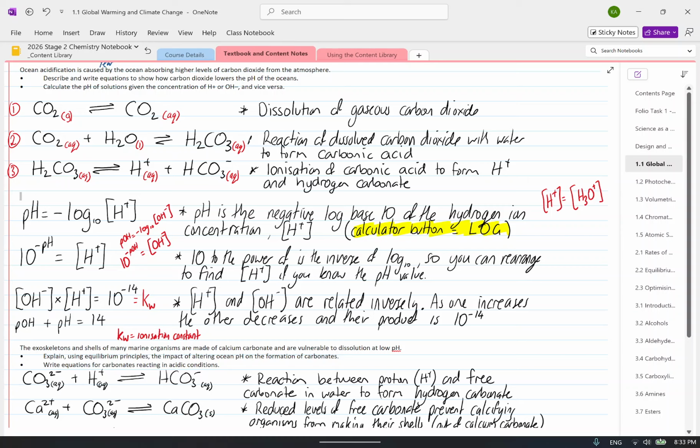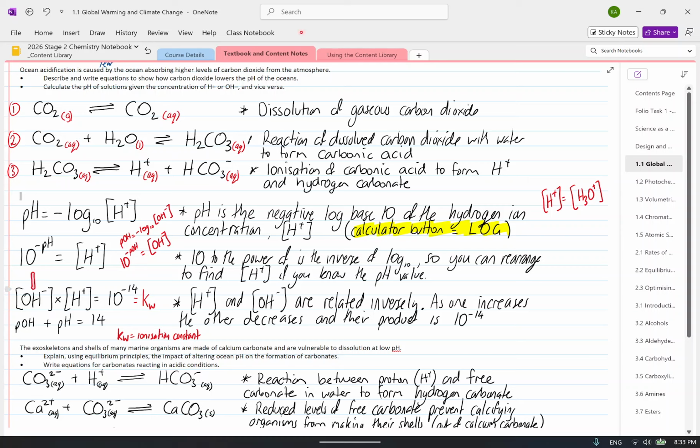The reason we look at both of these is that they are related to each other via this equation. If you take the concentration of hydroxide ion and multiply it by the concentration of H+, in water you will get a value of 10 to the power of negative 14. If you increase the hydroxide ion concentration, you must decrease the value of H+ so that the product stays constant.